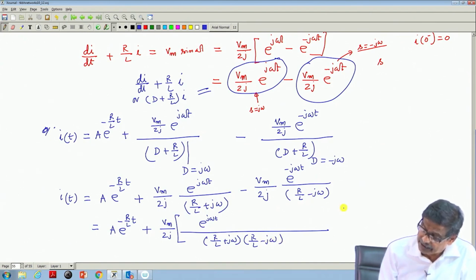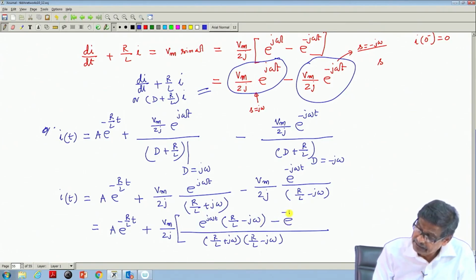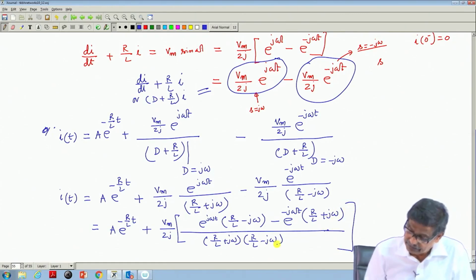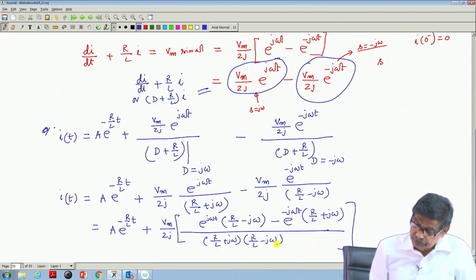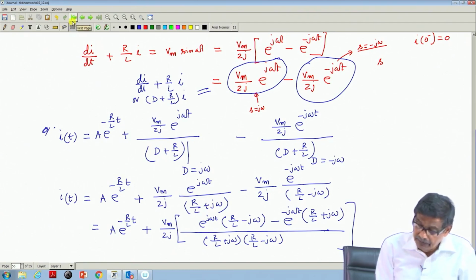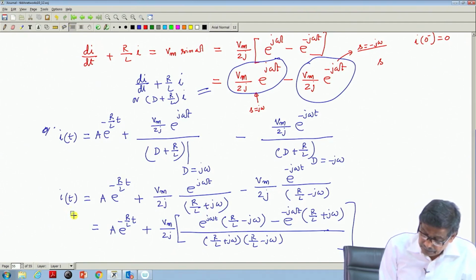I am just subtracting them, and then it will be here R by L minus j omega, and minus e to the power minus j omega t and R by L plus j omega. Is it correct? That way it will be. So, the solution then will be, I will copy this thing.